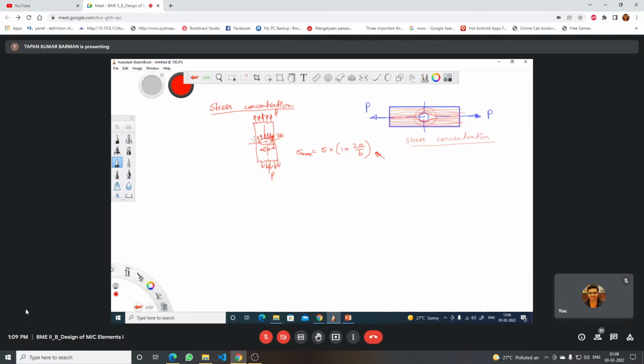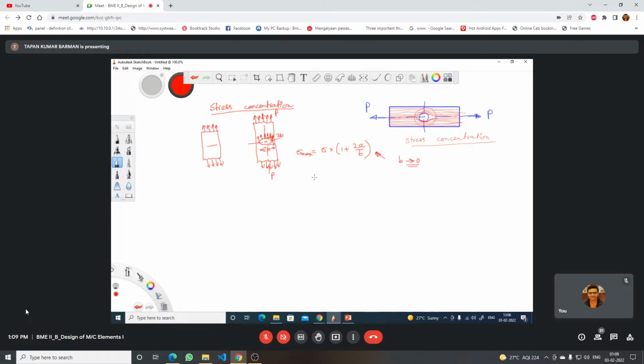Okay. Now you see, if the b value tends to 0, what does it mean? There is a simple crack like this, whose position is perpendicular to the line of action of the force.